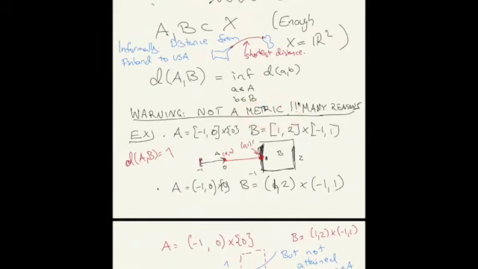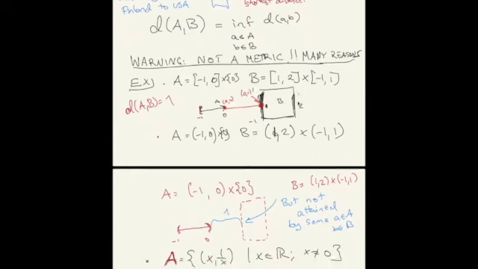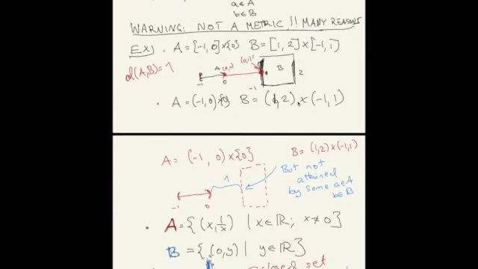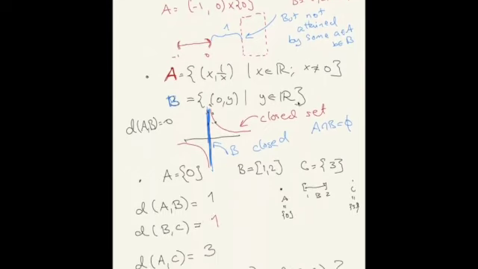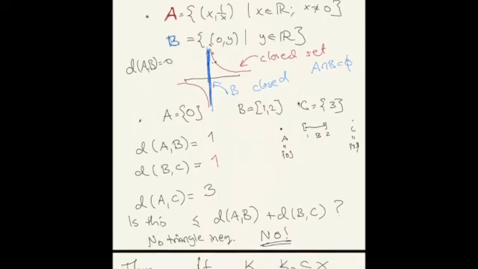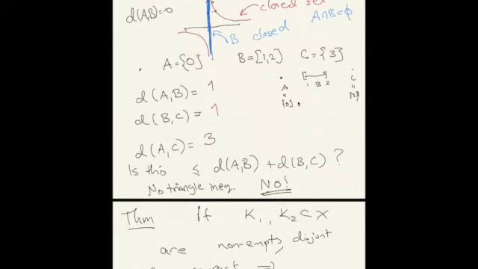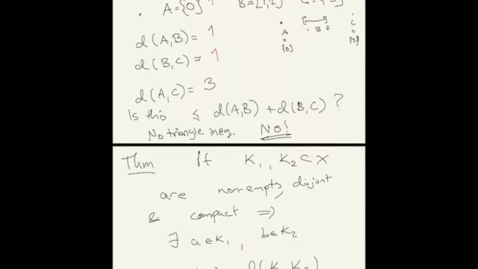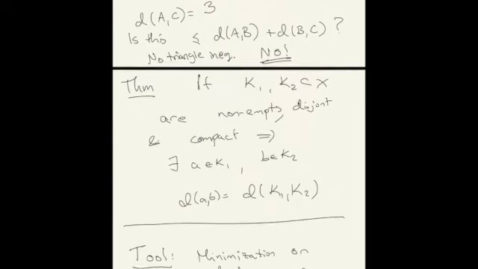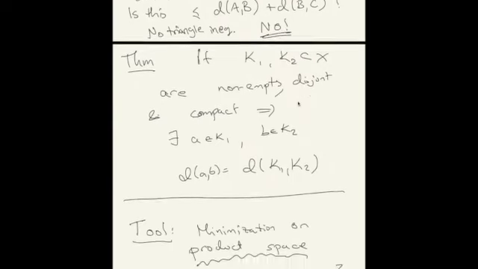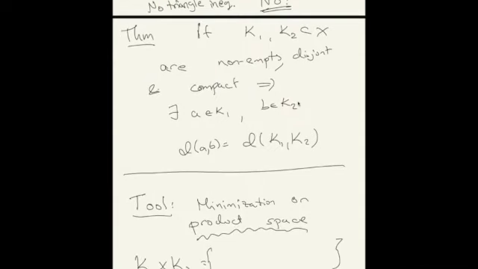Distance between sets, this way defined, is not a metric. There are some other distances, so-called Hausdorff distances, if you want to Google, that fix this problem, but they're much more complicated. And they are not what corresponds to our common notion of distance between sets. So distance between sets is not a distance function in the sense that we introduced in our first lecture. It does not define a metric space.